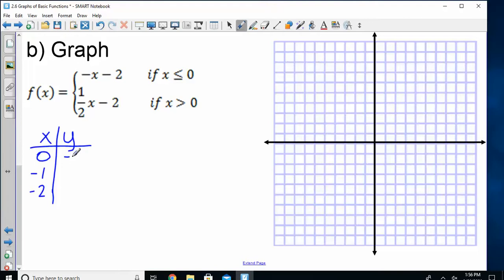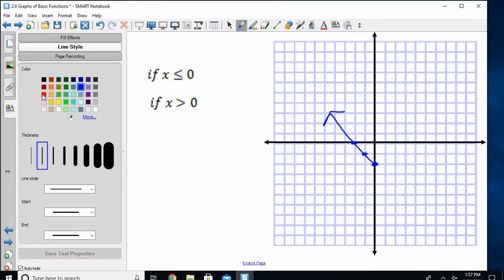So 0 minus 2 is negative 2. If you put in negative 1, opposite of negative 1 would make it a 1. Minus 2 is negative 1. Put in negative 2, you get 2 minus 2, which is 0. So 0, negative 2, negative 1, negative 1, negative 2, 0. So the first section should look like this.